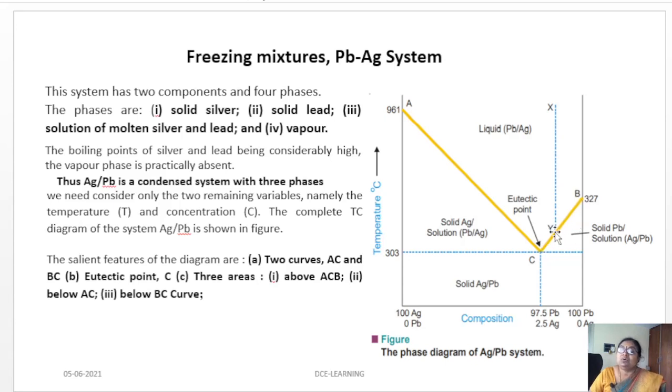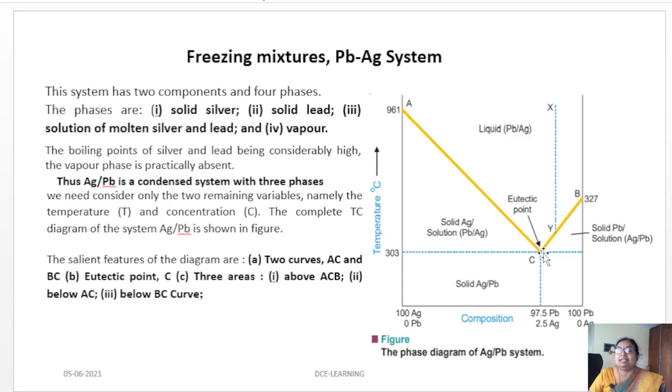This is also univariant, because for any composition taken on BC, it is in equilibrium with solid Pb and the solution of Ag and Pb. Once you add Ag, the melting point of lead decreases and reaches the point C. So AC and BC meet at the point C.